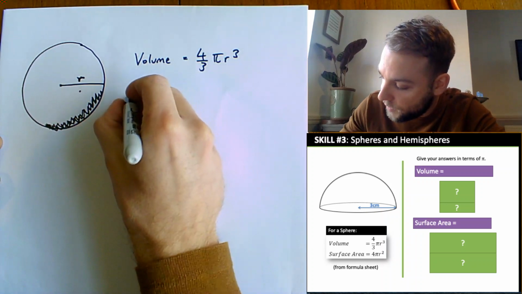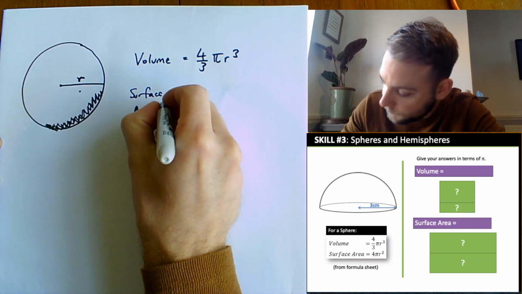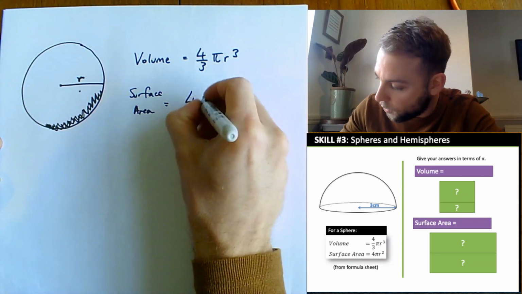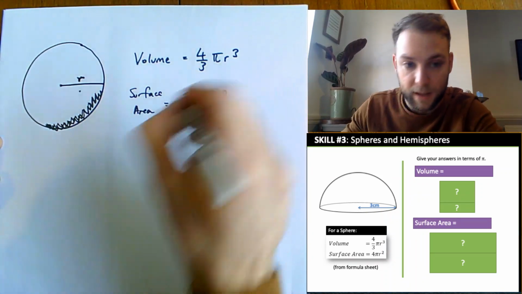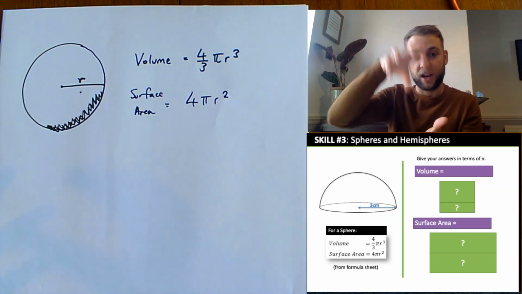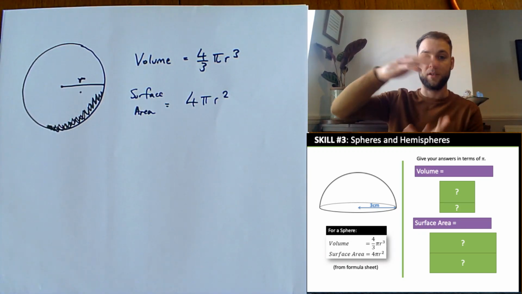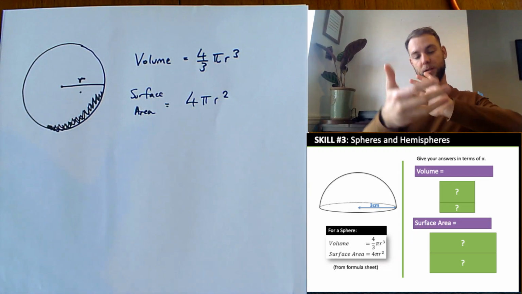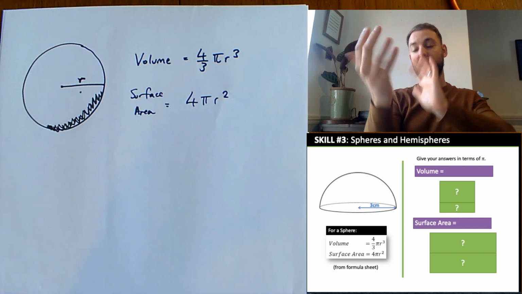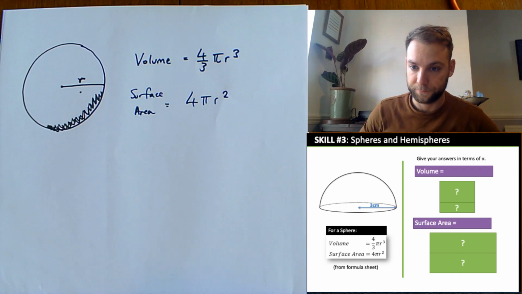And the surface area of this is equal to 4 pi r squared. So the volume, which is the space inside this shape, is equal to 4/3 pi r cubed, and the surface area, which is what you have around this sphere, is 4 pi r squared.